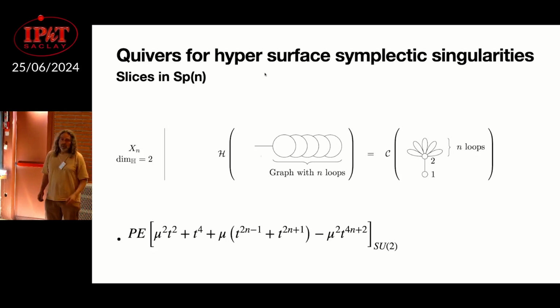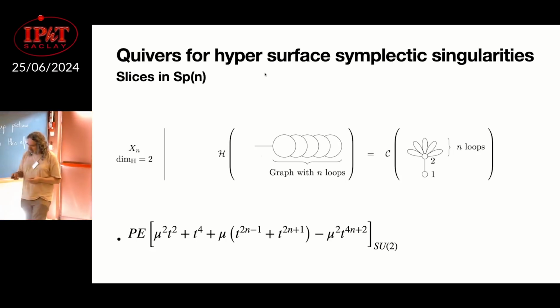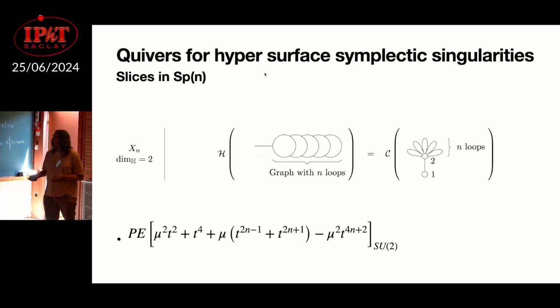We saw it once with the tiling, so you could get a quiver and a superpotential. We saw it once with a graph that contains nodes and edges, so those correspond to gauge groups and matter fields attached to them. And here's a third way of doing that.